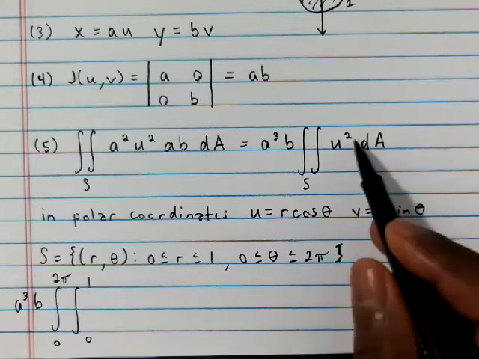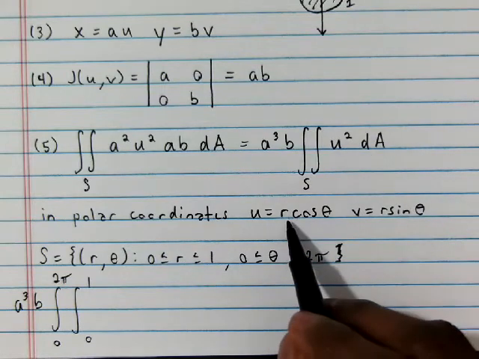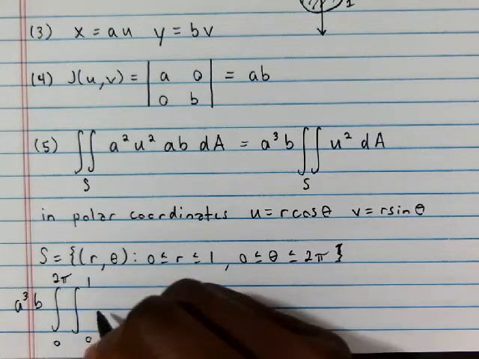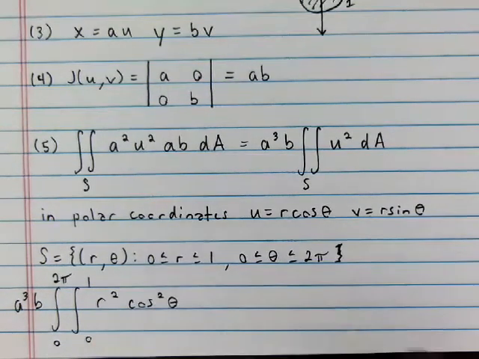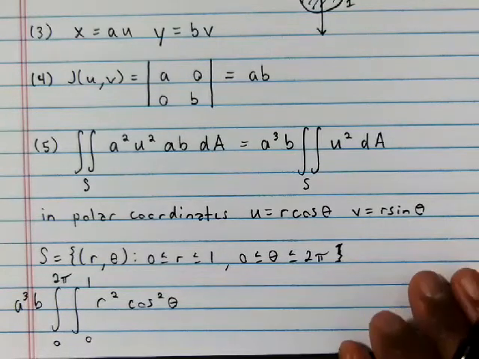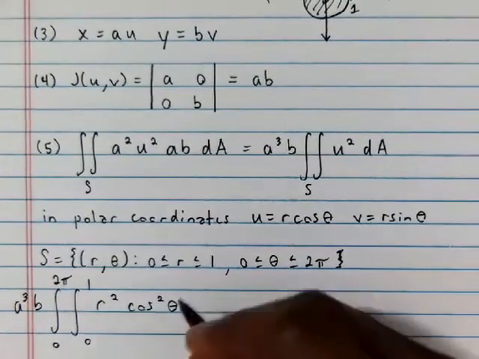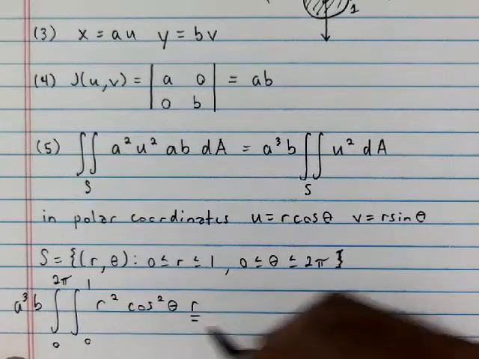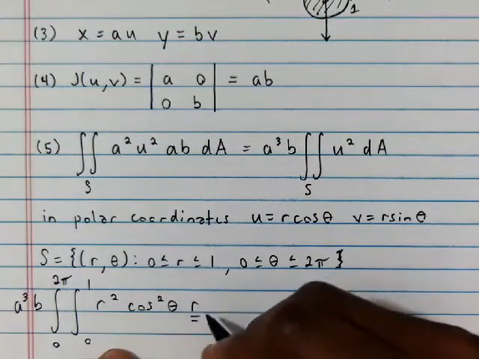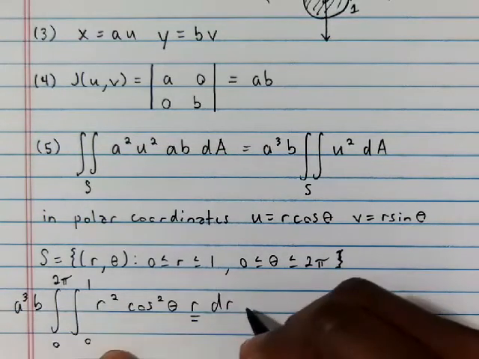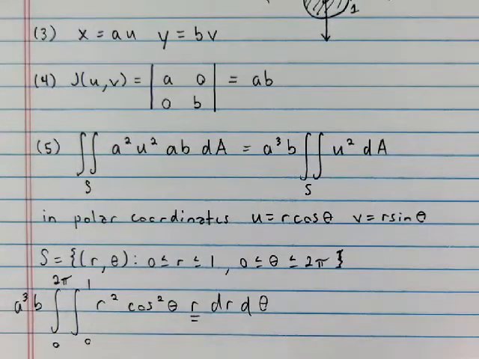And then u squared is r squared cosine squared theta. Whenever we set up an integral in polar coordinates, we have that additional factor r in the integrand. So that's that r that comes from polar coordinates. And then these were r's, so that's dr. And those are thetas, d theta.